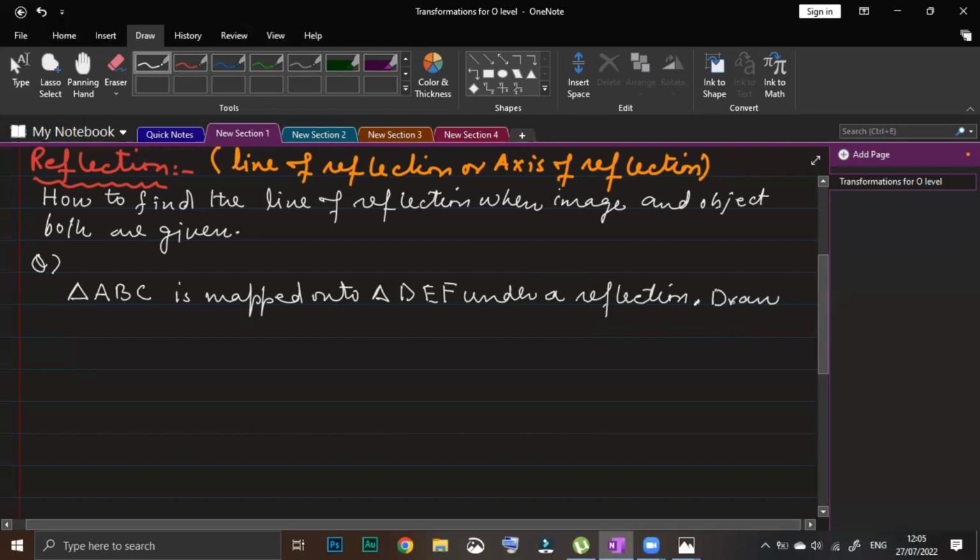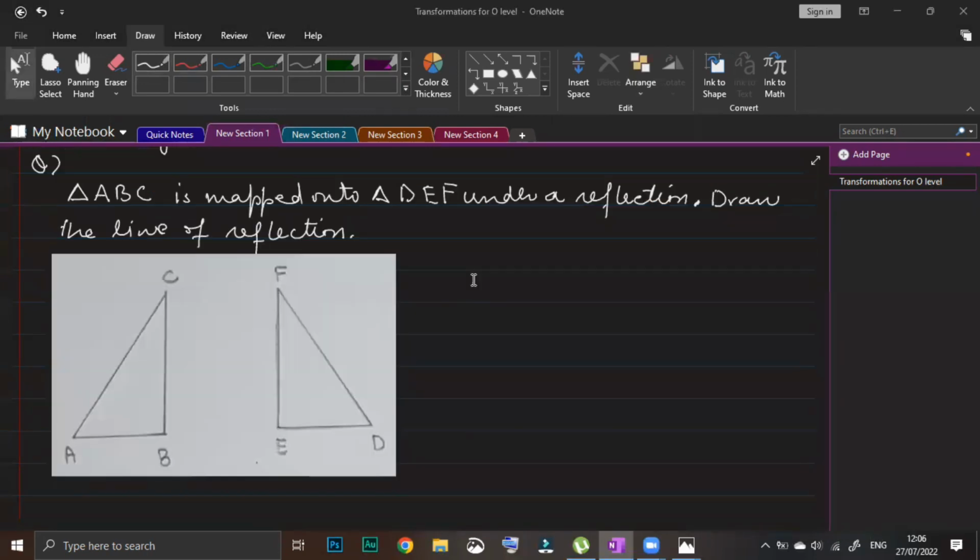The task is to draw the line of reflection or axis of reflection. These two are the triangles ABC and DEF. We want to find out the line of reflection.